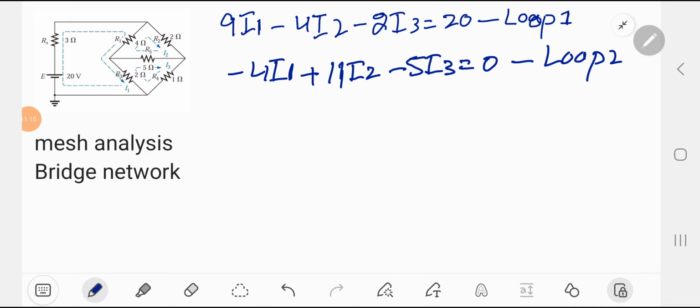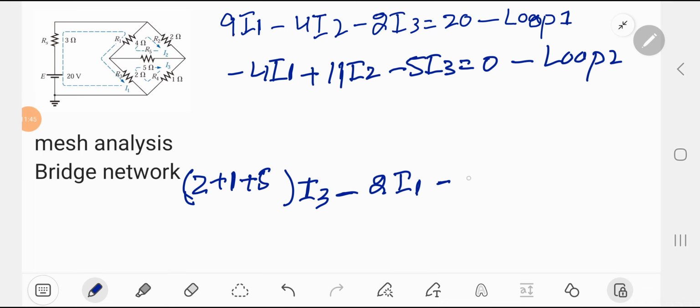For loop 3 we can directly find the equation, since we know the method from where this equation comes. The resistances associated with I3 are 2, 1 and 5, and the mutual resistances are 2 ohm with I1 and 5 ohm with I2.